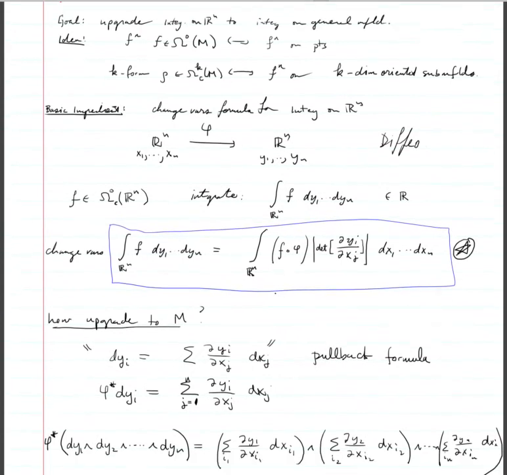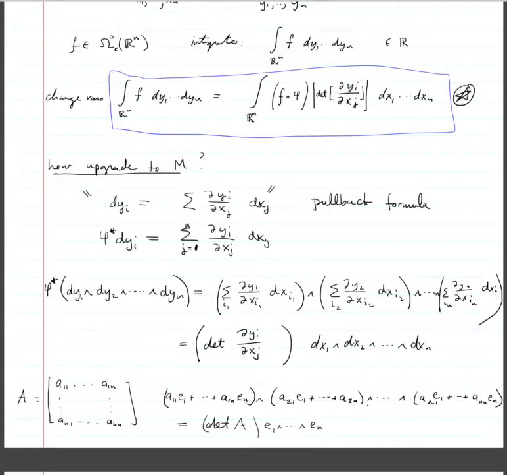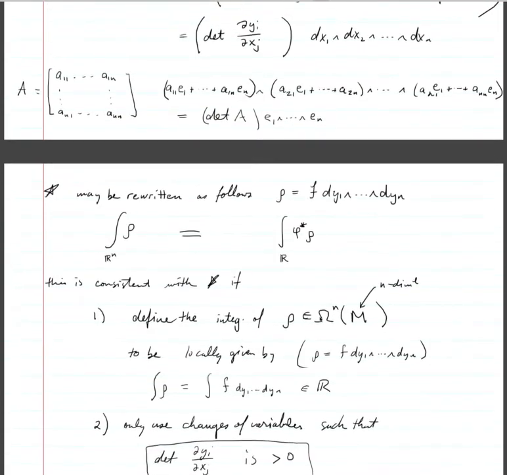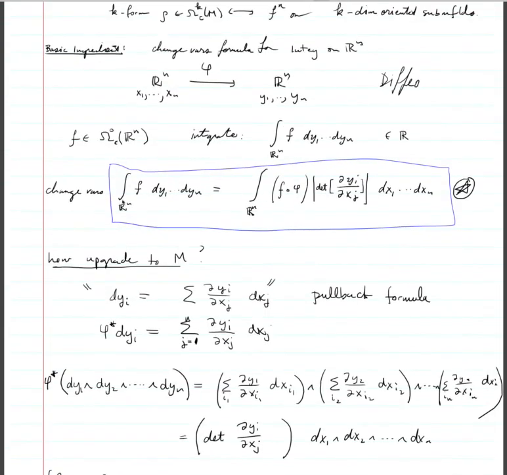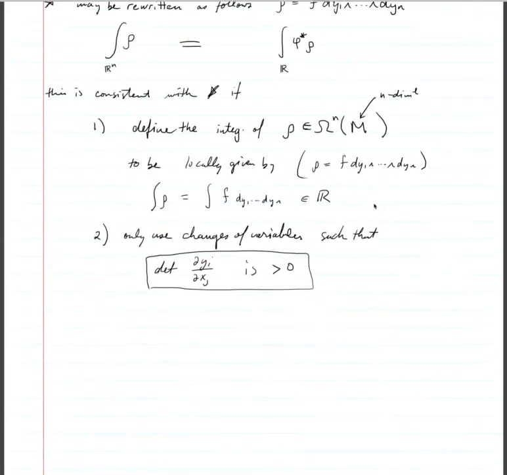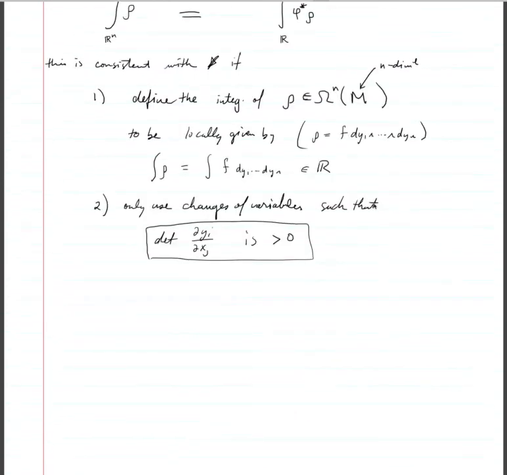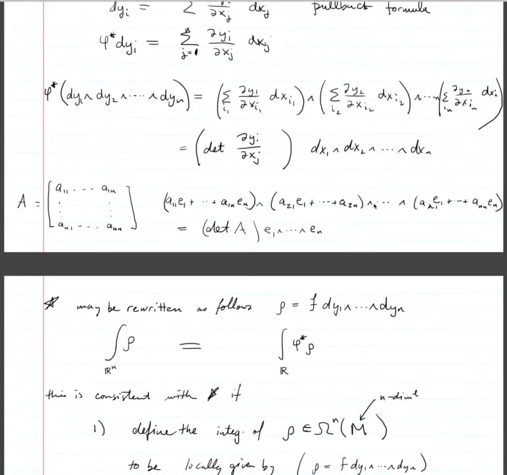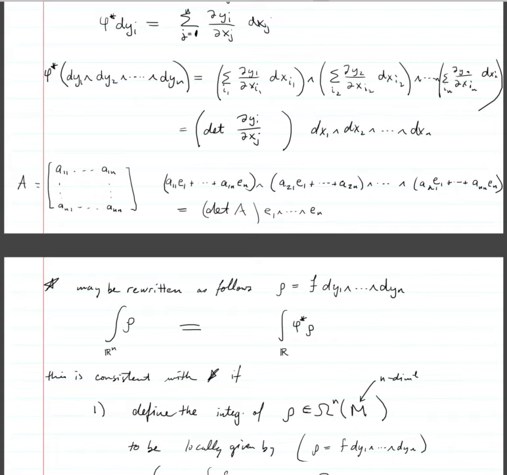Because then, when I look at how this thing varies with a change of coordinate, this formula is going to tell me that this absolute value is unnecessary. And so this star formula will not have these absolute value signs, and we'll just get exactly the behavior of this form. In other words, it won't depend on which coordinate system I use to write the form in.